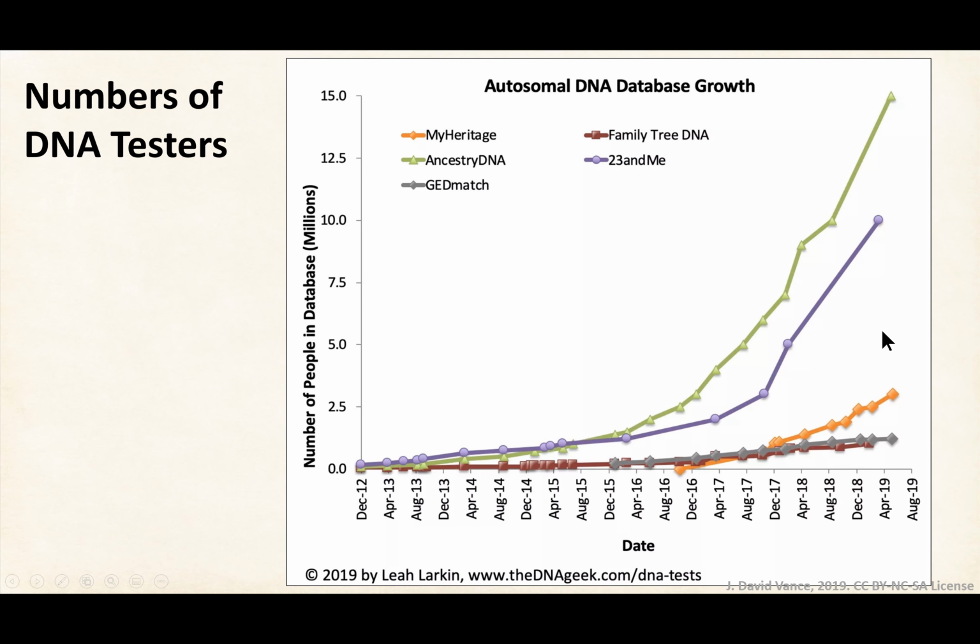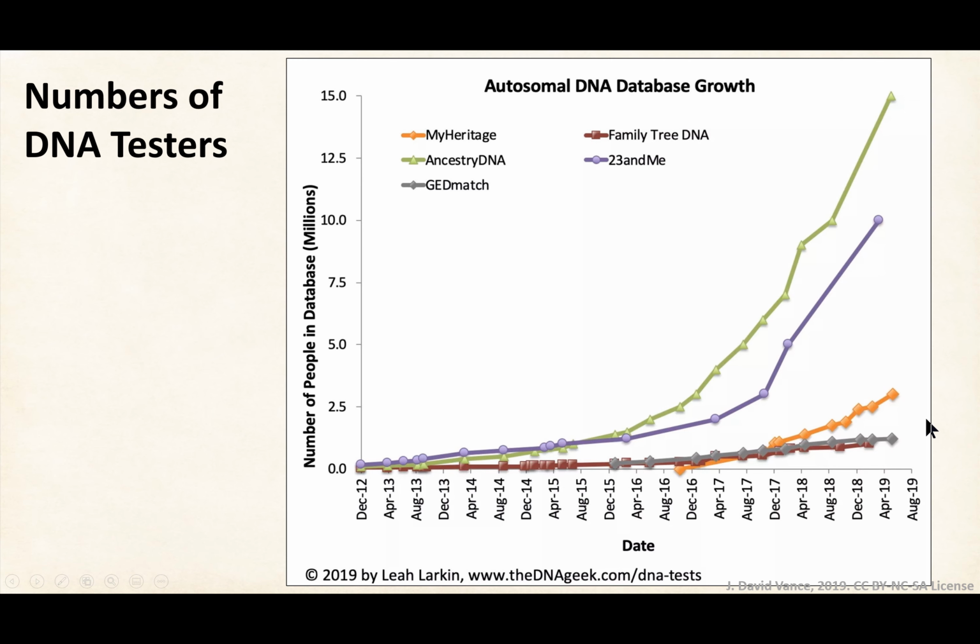But part of this also is to encourage people to not just test with one database, but to put yourself out there in several, or to use GEDmatch so that you can analyze your relationships with other people who have tested elsewhere and have also copied their data over. But if you'll notice, that's not a very large group of people compared to those who have tested. So clearly you have some incentive to test in the databases and find the people who haven't used that kind of tool set.